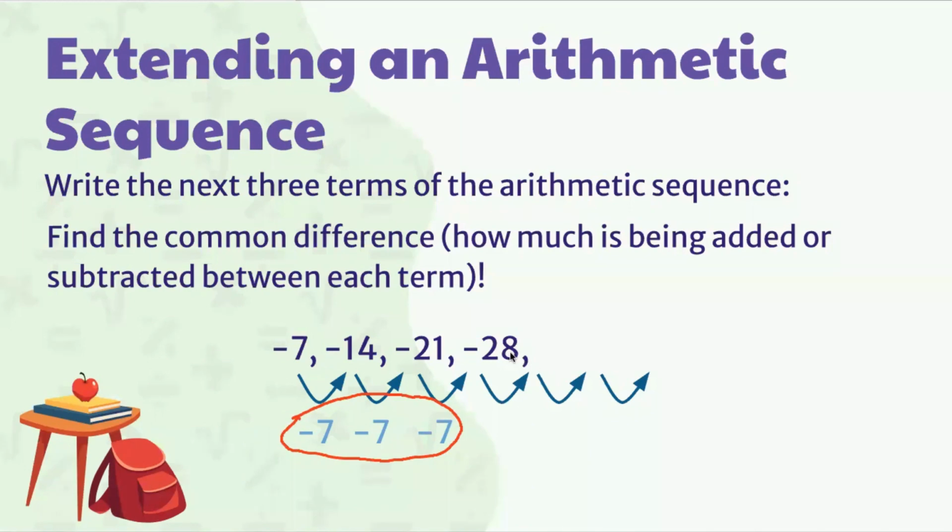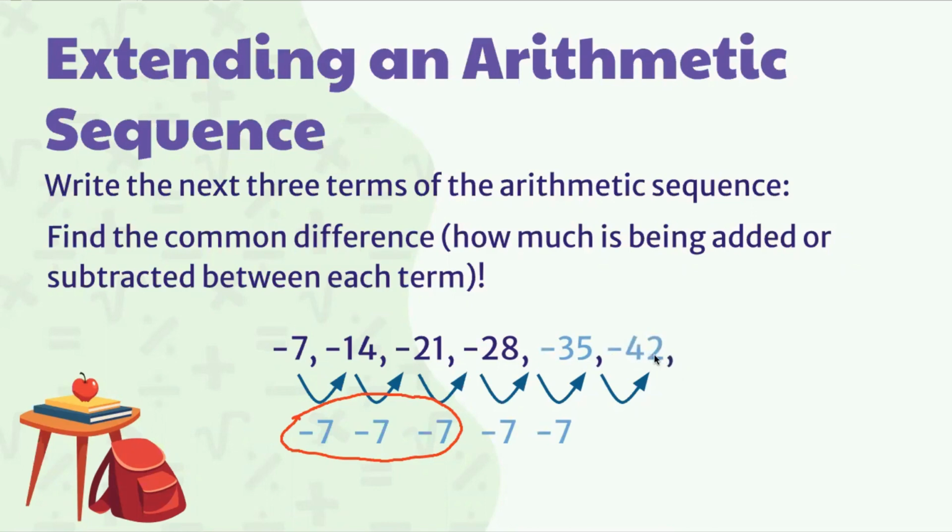So now to get our 5th term, we just have to subtract 7 from -28. So -28 minus 7 is going to give you -35, and that's the first term that you're looking for. And then subtract 7 from -35 again, and that gives you -42.